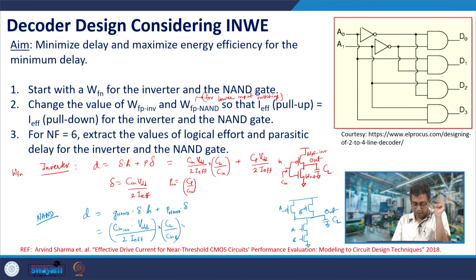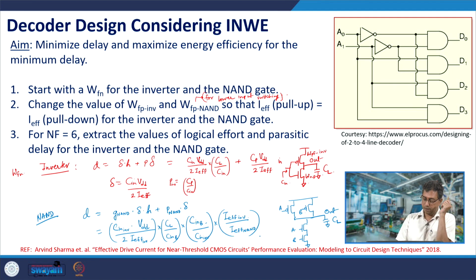G is C in of B by C in of the inverter, into I effective of the inverter by I effective of the NAND, plus the parasitic delay of the NAND gate.